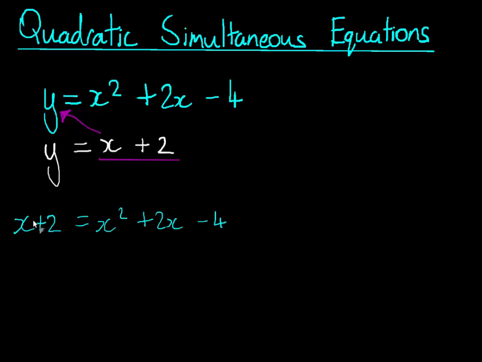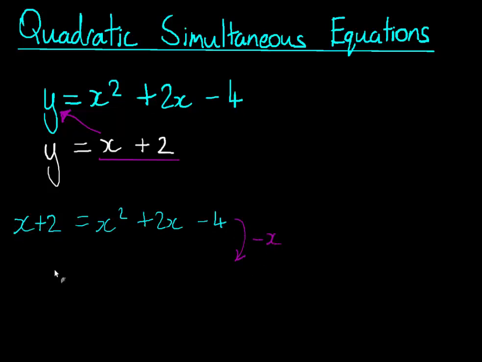Once you've got that, we now need to find out what the value of x is, and we can do that because we've only got x's in here. This is all just x's. It is a quadratic, and if you remember, the way to solve a quadratic equation is, well, we need to get it equal to 0 first, so we need to do a bit of rearranging. So I want to get it equal to 0, so let's get rid of the x, so let's minus an x.